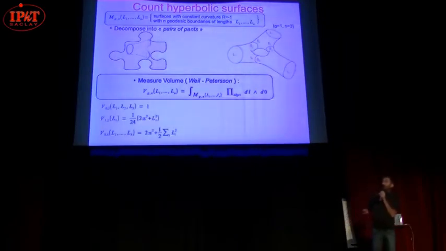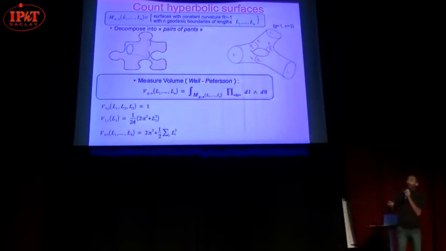So, the first few volumes have been computed a long time ago. Well, V03, this space M03 of L1, L2, L3 is a pair of points with three given lengths, and there is a unique one.